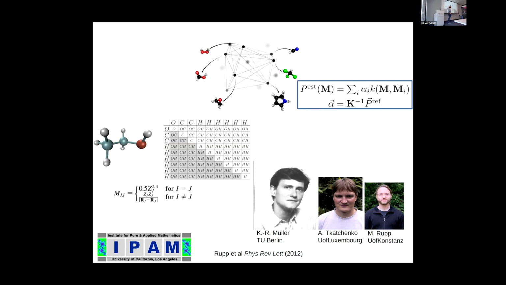And so every compound is a point in the high-dimensional chemical space. And we use as the representation simply the matrix connecting all atoms. This is the Coulomb matrix. So what we say is the inverse distance matrix with the nuclear charges in the numerator.